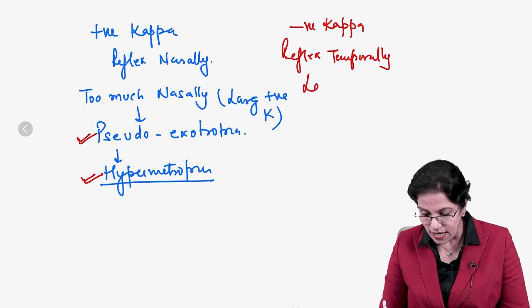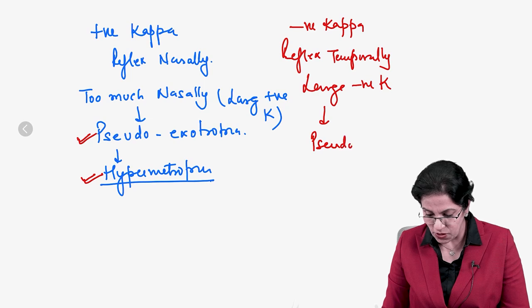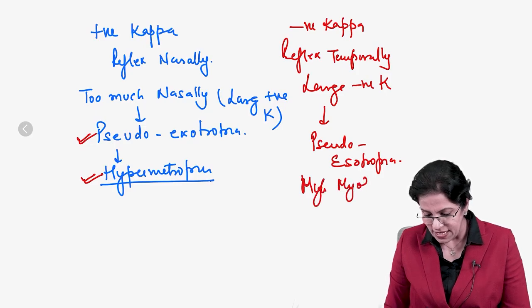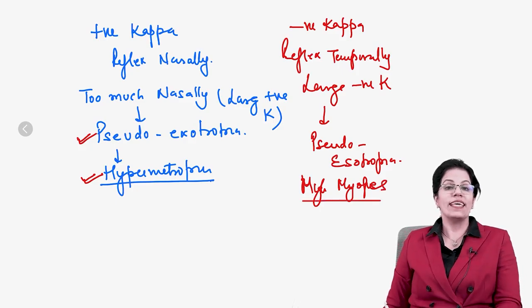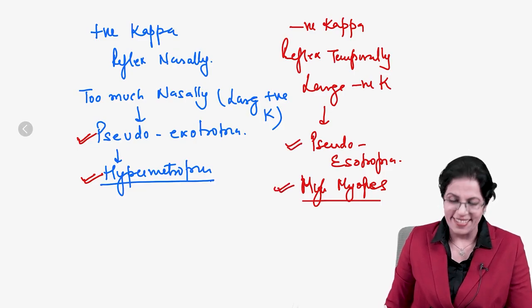Large negative kappa means too much temporally, and therefore it will look like this patient has pseudo-esotropia. And this is mainly seen in which patients? Myopes. High myopes can present as pseudo-esotropia. So this is what you have to know.